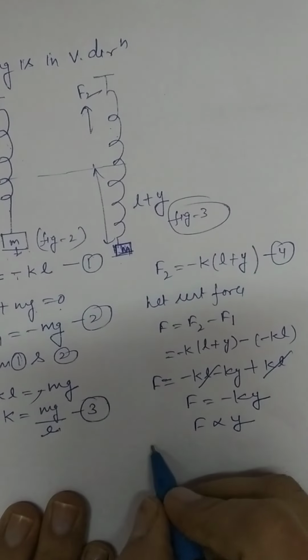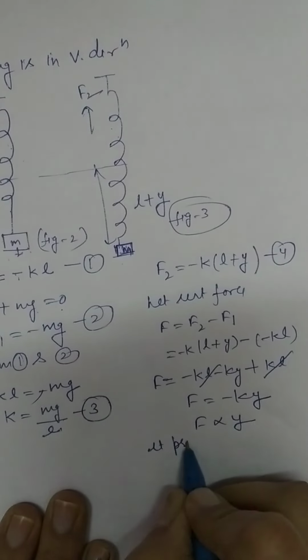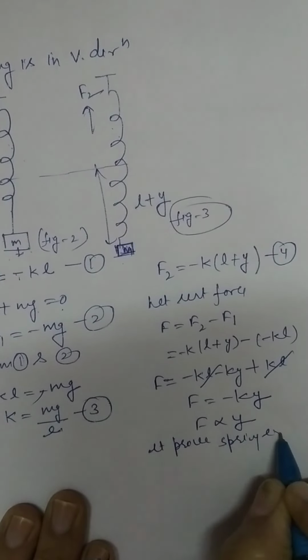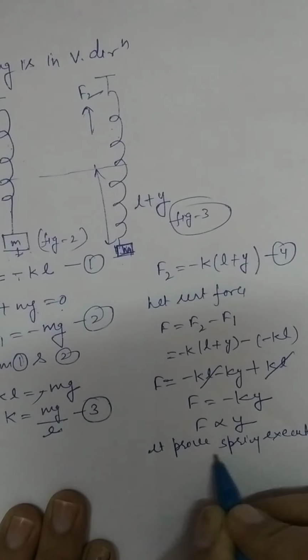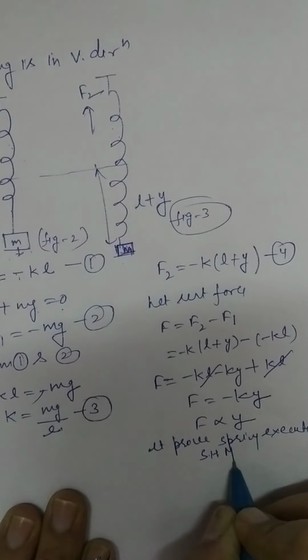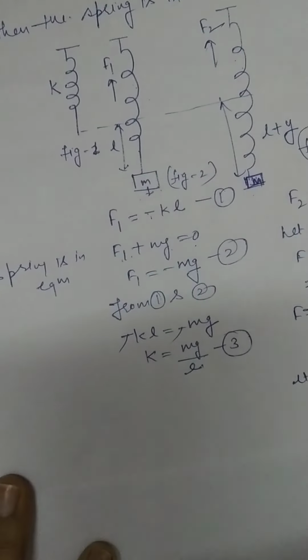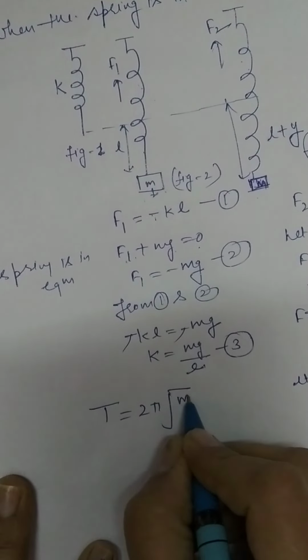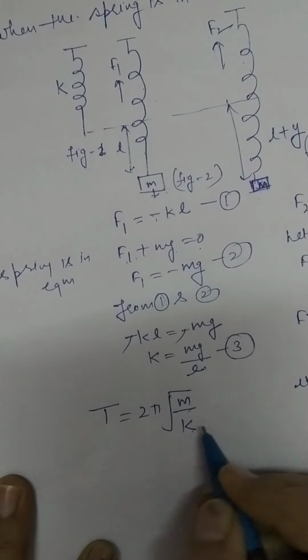This proves that this spring executes simple harmonic motion. And what is the expression for its time period? If we write the time period expression, it is 2 pi under the root of m by k, inertia factor divided by spring factor.